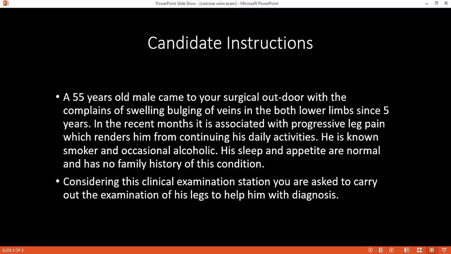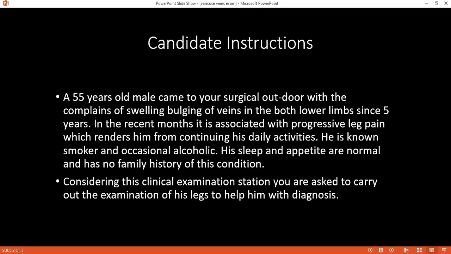On inspection, I found multiple varicosities above and below the knee at the saphenofemoral junction. The modified Perthes test was negative. On palpation, there was no tenderness and no temperature changes. The Schwartz test was positive, and there was no thrill and no cough impulse.